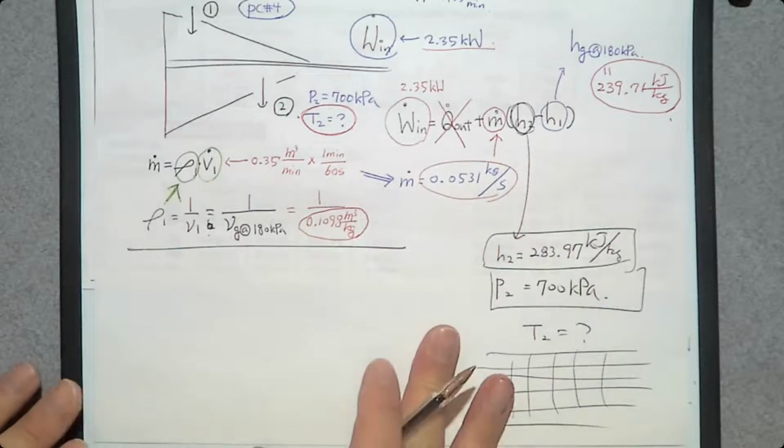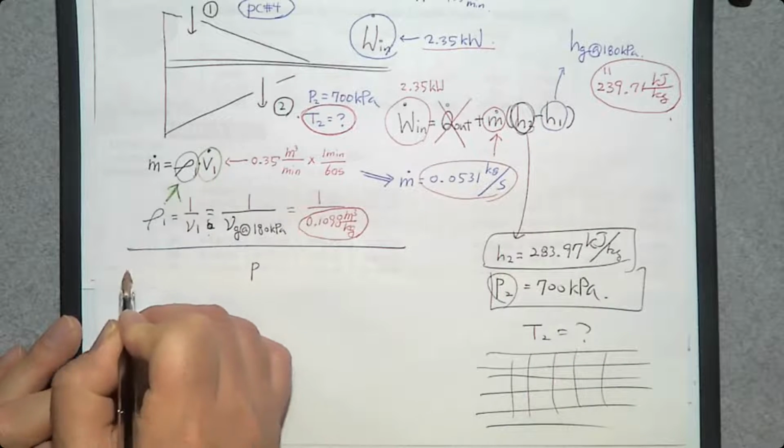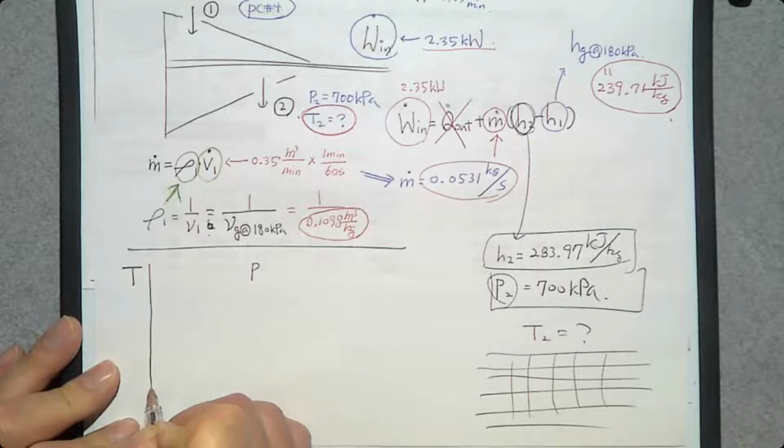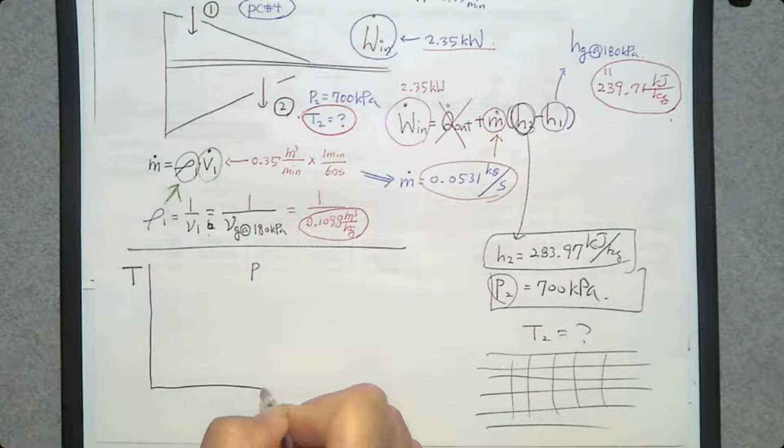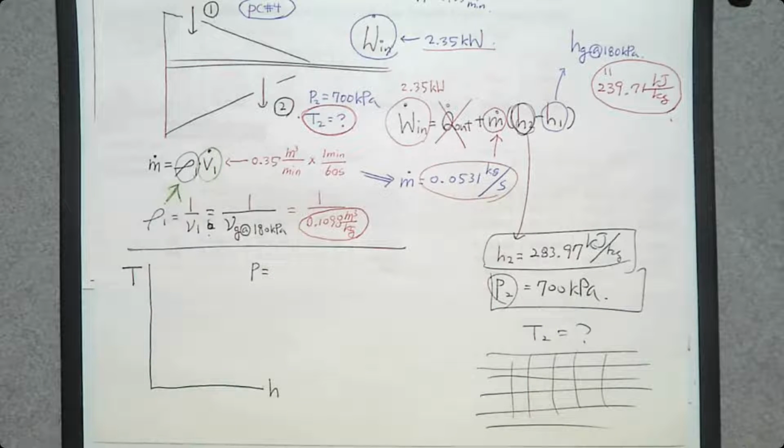Since we know P, we need to make a T-something diagram. So what diagram? TV, TU, TH. Since we know H, it's a good idea to make a TH diagram, even though we prefer a TV diagram. We like television. No?